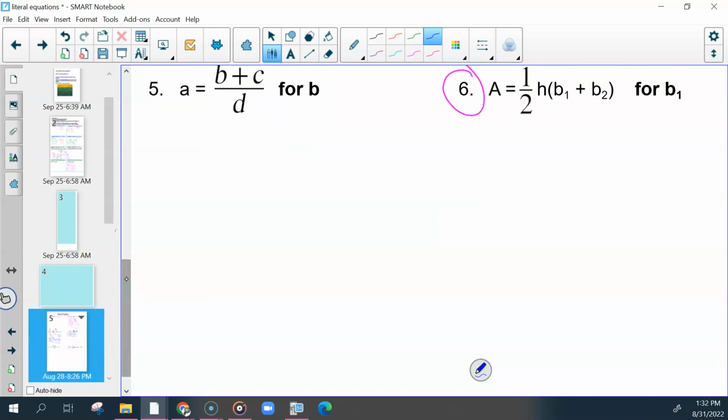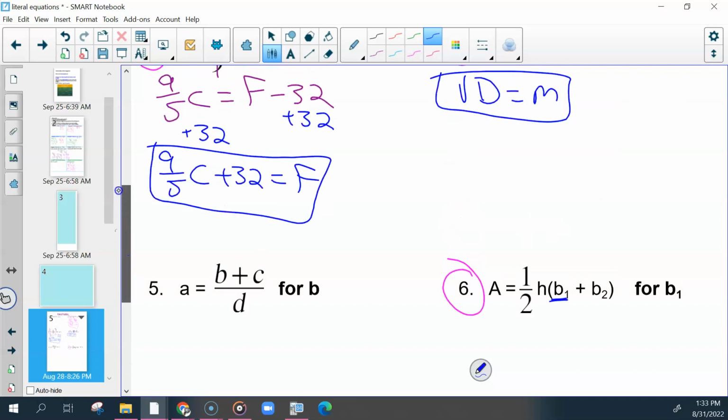Okay. For number 6, we need to get B1, or B sub 1, by itself. Again, there are 2 different ways to go about doing this. We could multiply everything by 1/2 h, but then we eventually have to get rid of that 1/2 h since we're trying to get B1 by itself. Something else we could do is kind of like what we just did.